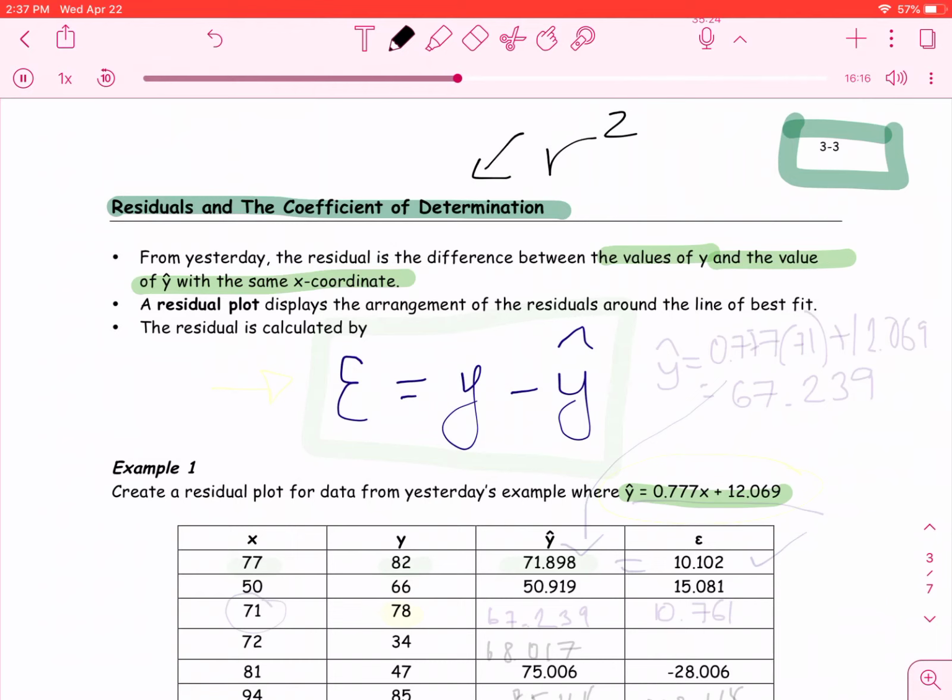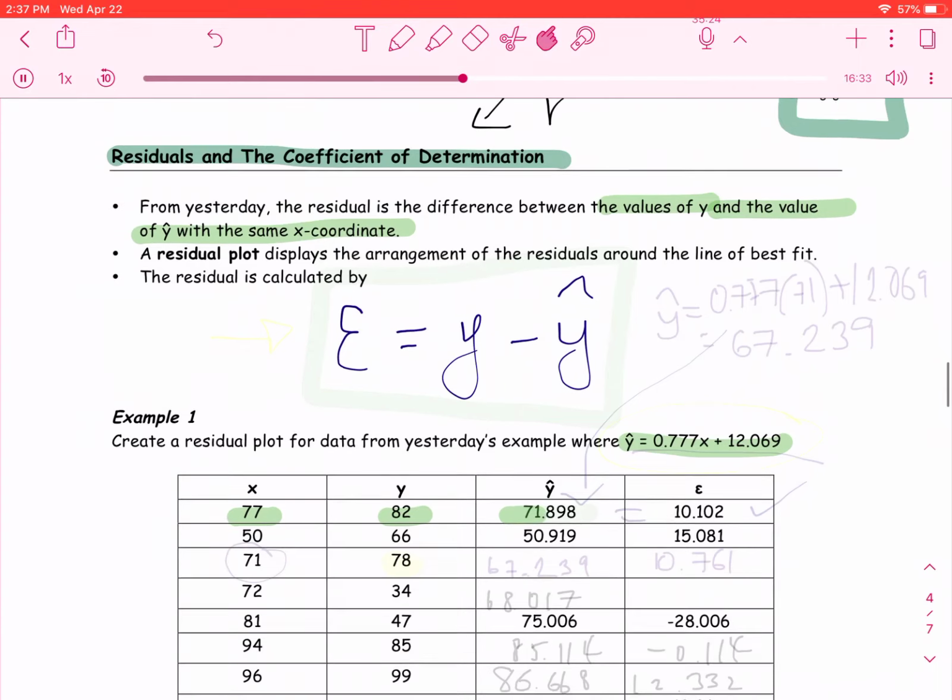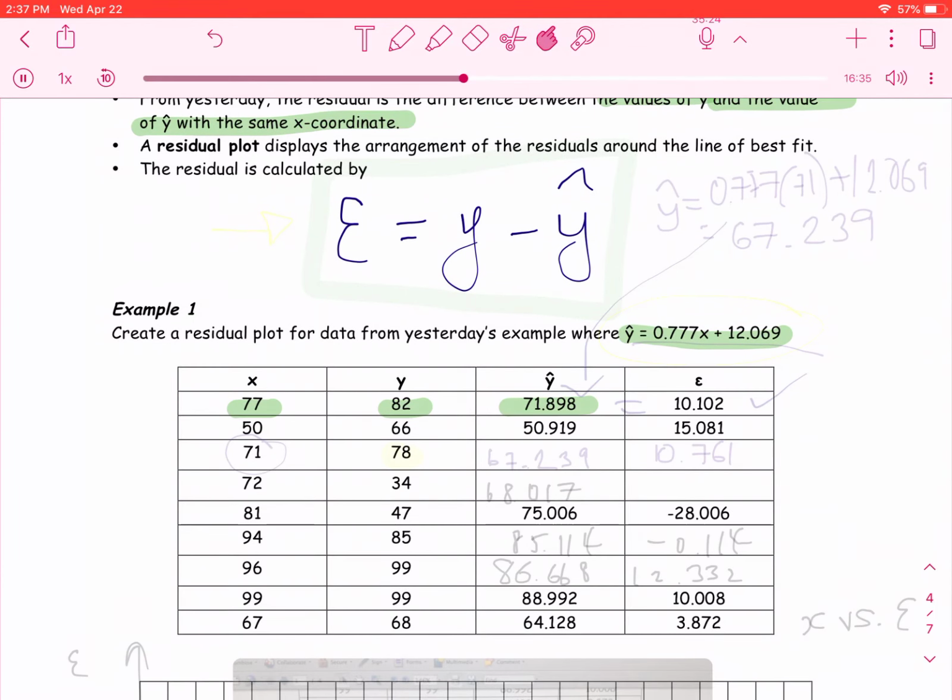Okay, so with that, I want you to think of this. When we have a value of x as 77, how we're going to calculate our E value is by looking at our y's. Okay, so we have y and y hat. So I'm just going to highlight that out for you. So if you wanted to find the expected value, you can interpret what you have here.